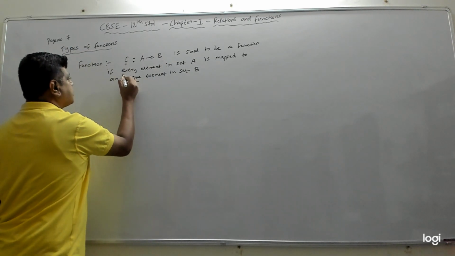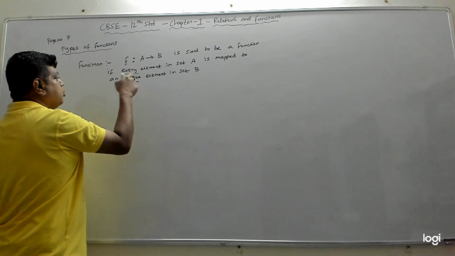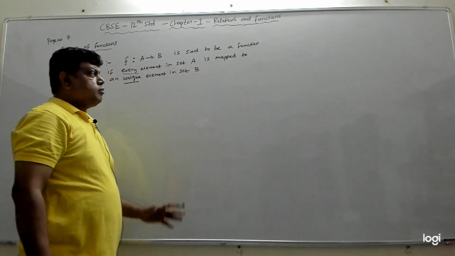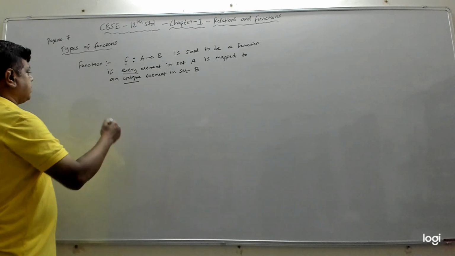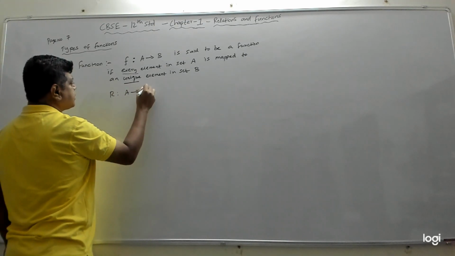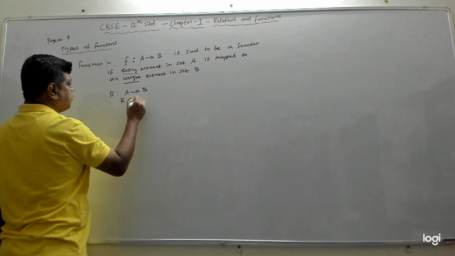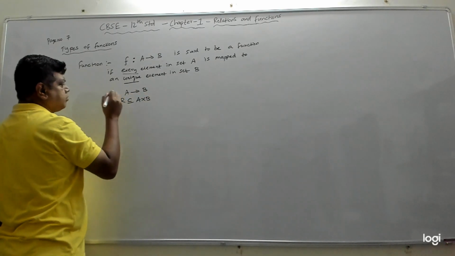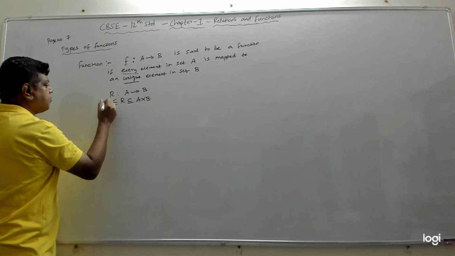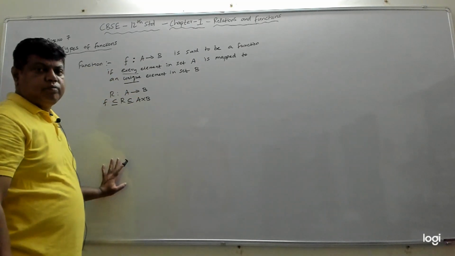So these two words, every element and unique element, are very important. If you observe our relation, R is a relation from A to B, which means R is a subset of A cross B. That is our relation. But a function is again a subset of a relation.